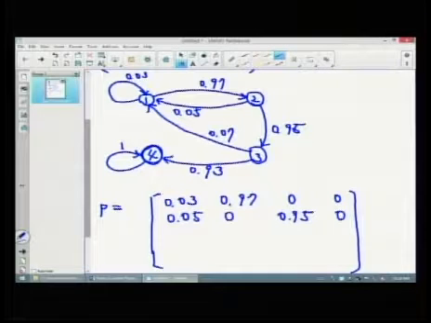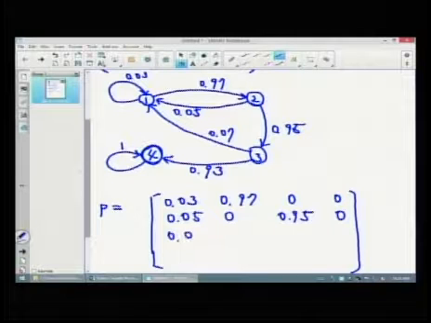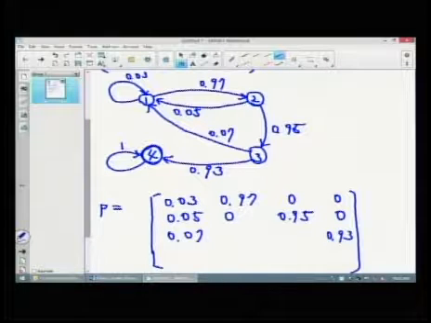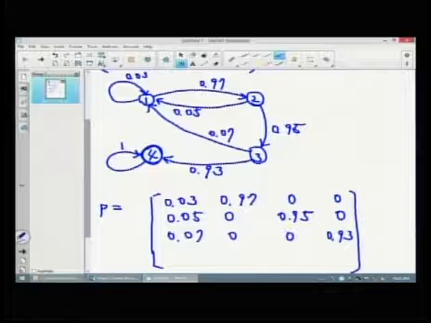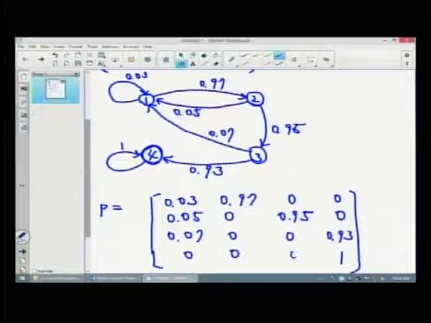Otherwise become 0. 3 to 1 is 0.07, 3 to 4 is 0.93. Now we have 0 down here. And 4 to 4 is 1. Otherwise becomes 0. Okay?